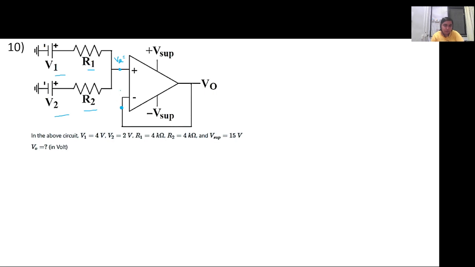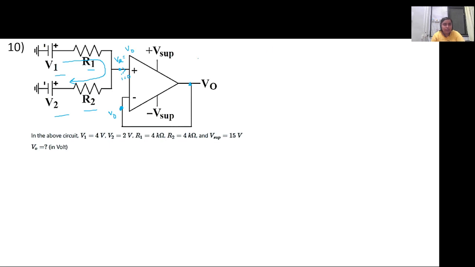It will be V naught, yes, because this is directly connected to the output. So this is V naught, and this is also equal to V naught. Whatever current flows in here will also flow here, and this will be the loop because no current is flowing here. So we have one single equation.